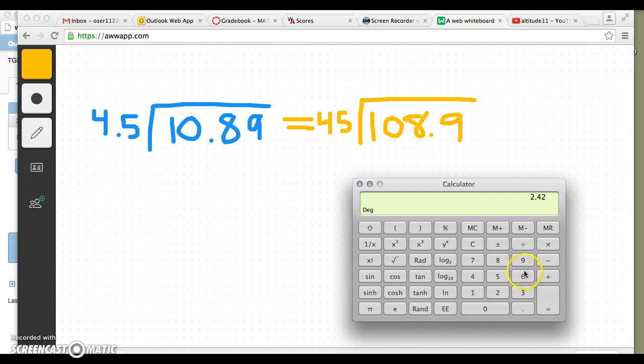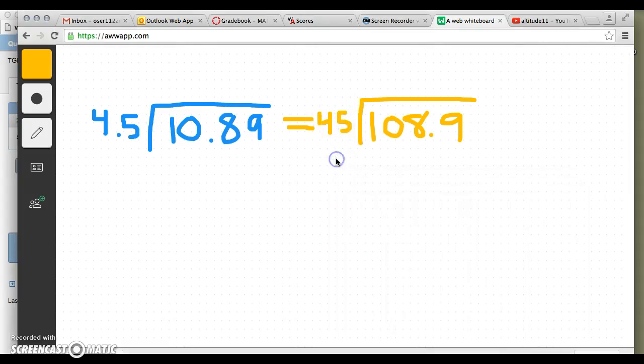So hopefully we get 2.42 when we take 108.9 and divide that by 45. And there you go, 2.42. So you can see it's the exact same problem. It just takes care of having a decimal out here for your divisor.